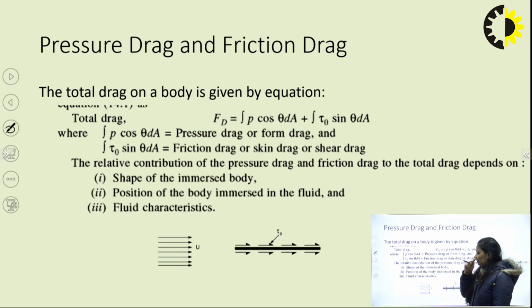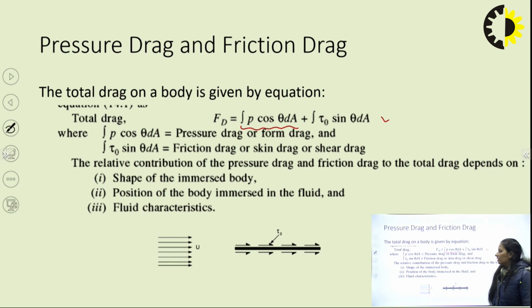When we write the formula for FD, the total drag, we know very well it is the integration of P cos theta dA plus the integration of tau sin theta dA. The term integration of P cos theta dA is the pressure drag, or form drag.